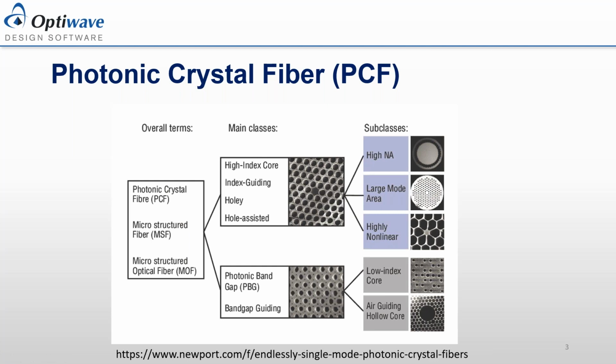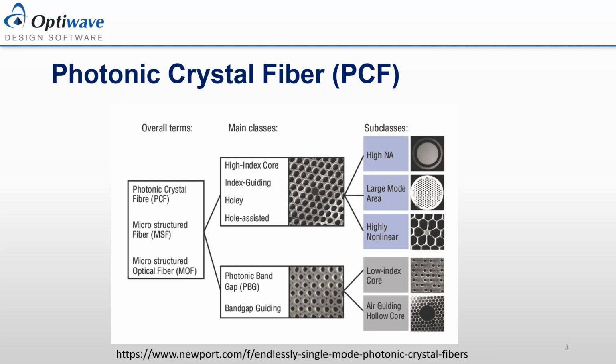That low index is achieved by patterning the structure and punching in air holes or etching in air holes, depending on how the structure is built. And the propagation operates under the same idea as a conventional optical fiber.